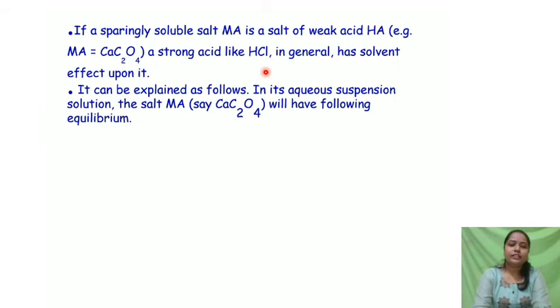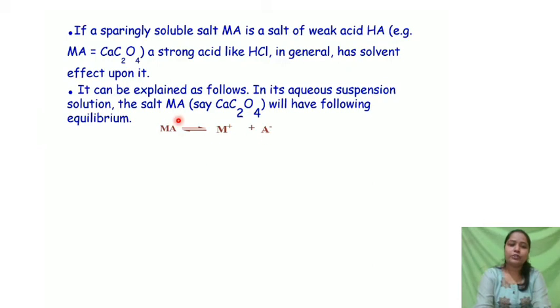Here we consider the equilibrium of the salt within the solution. The salt MA forms M+ and A- ions and undissociated molecules of MA in the solution. There is an equilibrium between undissociated molecules of salt MA and dissociated ions M+ and A-.